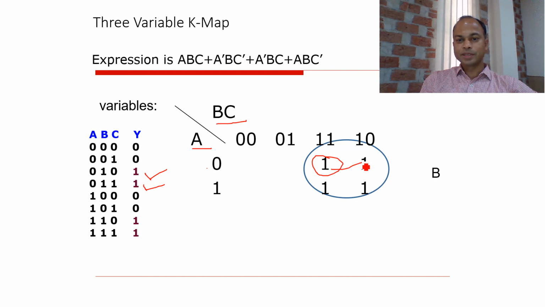So this is this value. Similarly, if we take this one, then A equals 1, B equals 1, and C equals 0. So we take this value here.